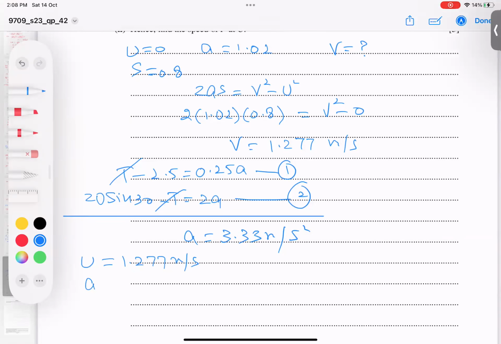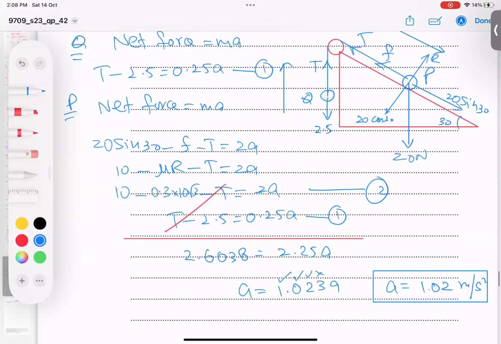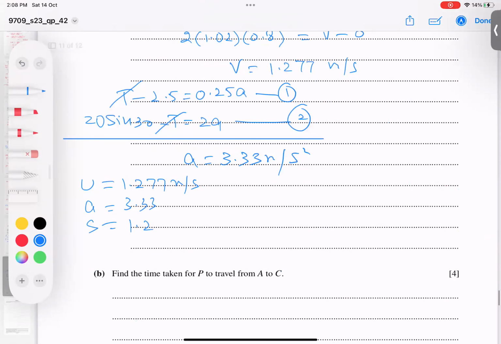Acceleration I have, and distance I have, which is 1.2 meters. And what is my target? Find velocity. So 2as is equal to v square minus u square. 3.33 into 1.2, with the target being 1.277 square.